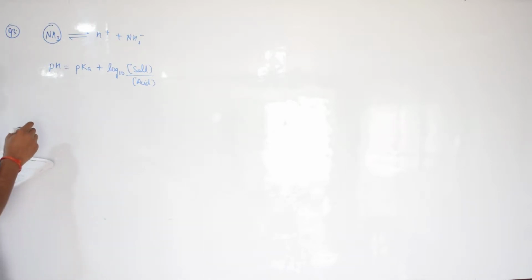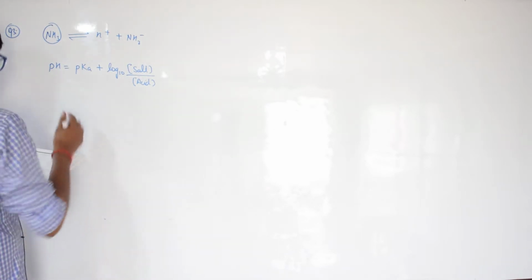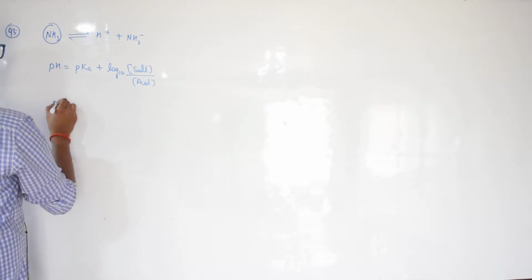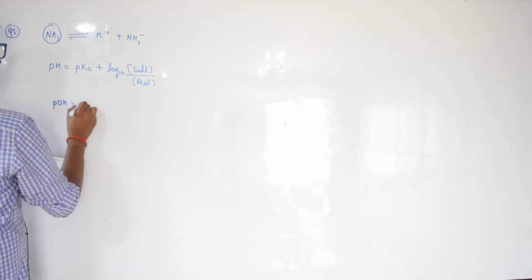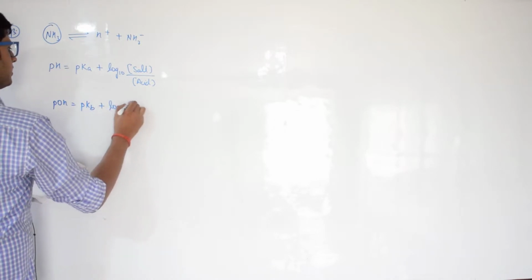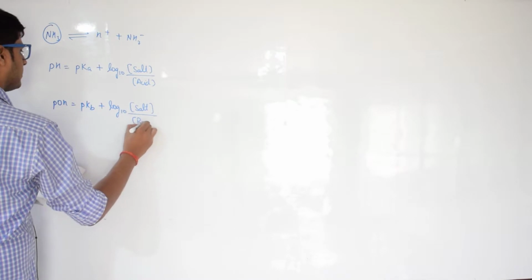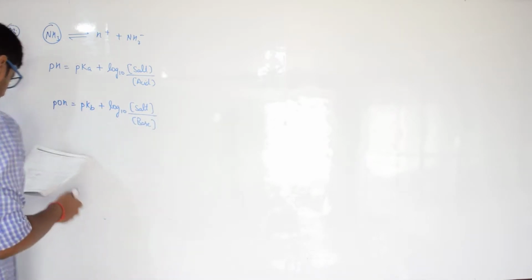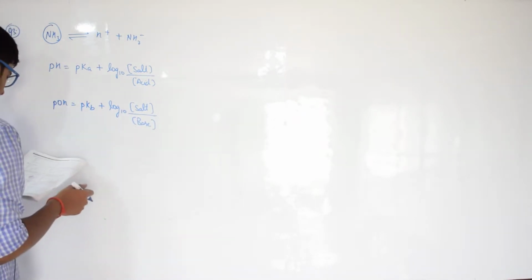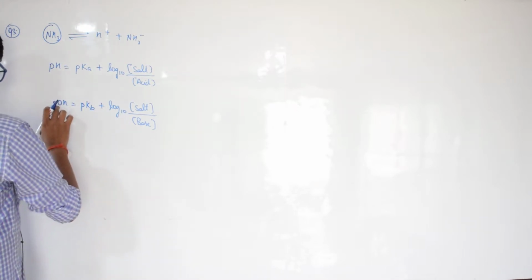Kb was given and concentration of OH minus was given. So, pOH is equal to pKb plus log 10 concentration of salt upon concentration of base. You can solve from here.